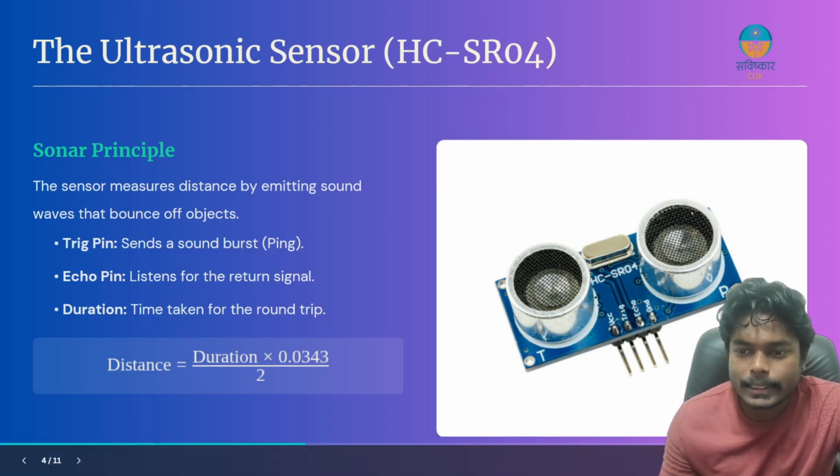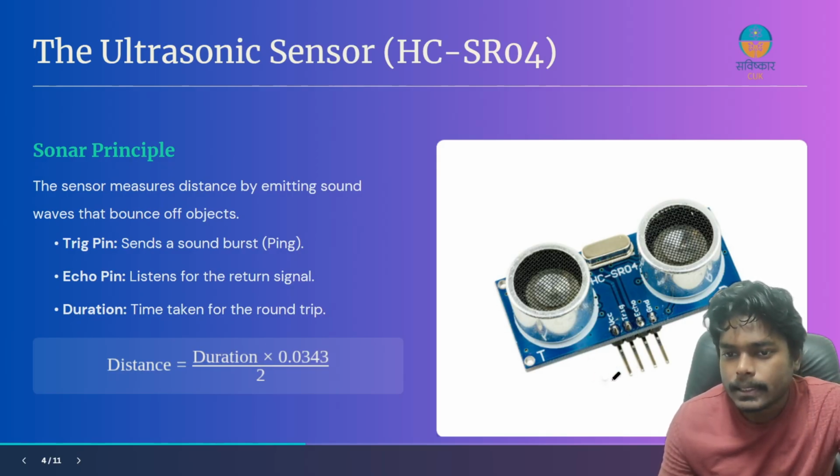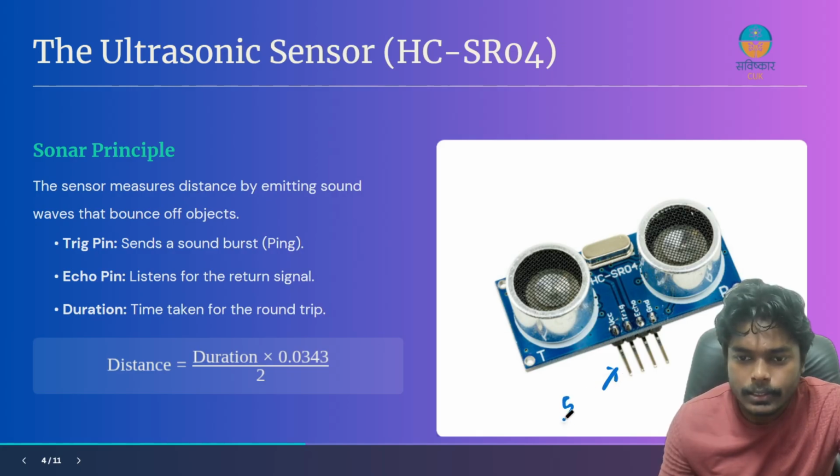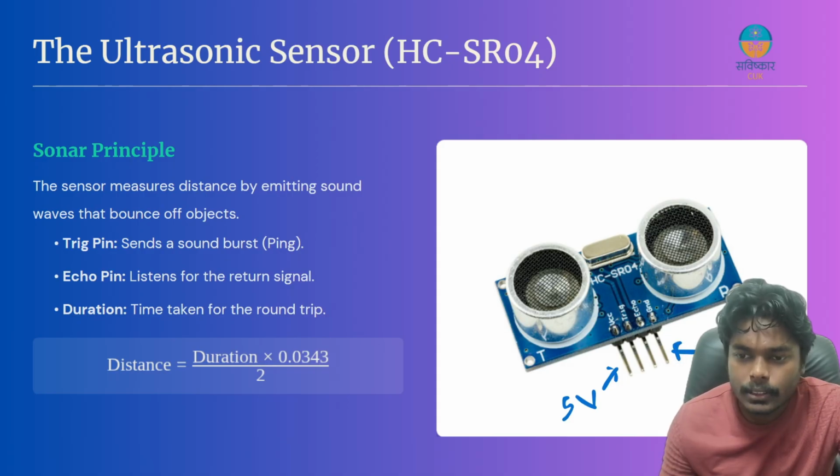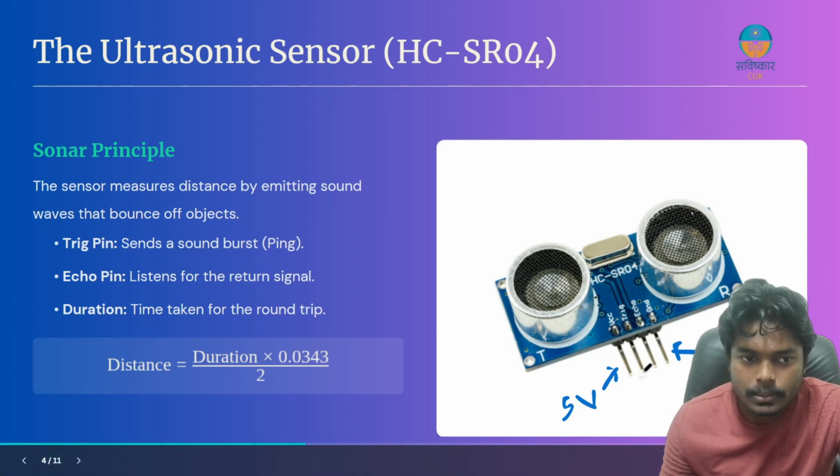So, if we see here, you can see in this picture of the sensor, we are having four pins. One is VCC, which requires 5 volt. This is ground, or you can say GND. Okay, so this is the ground which we are having. And here we are having two pins.